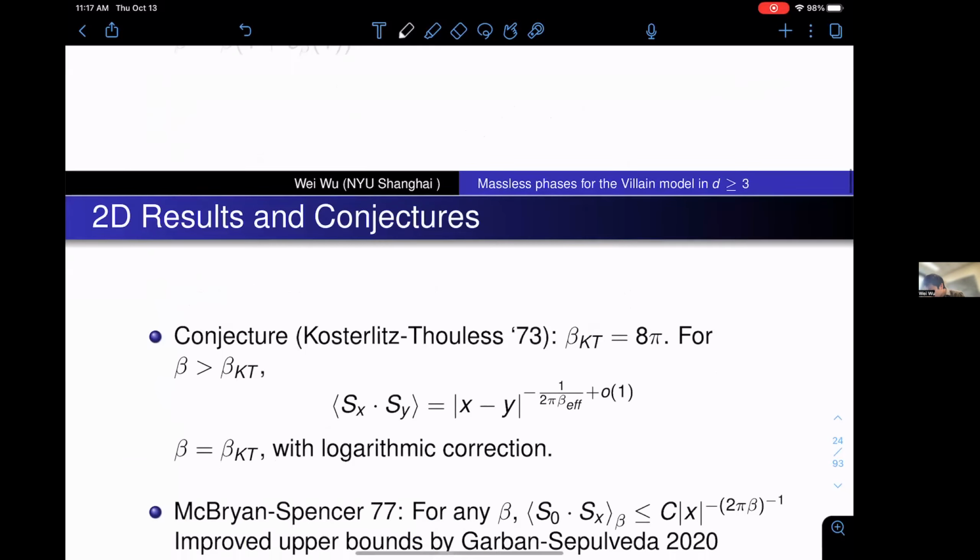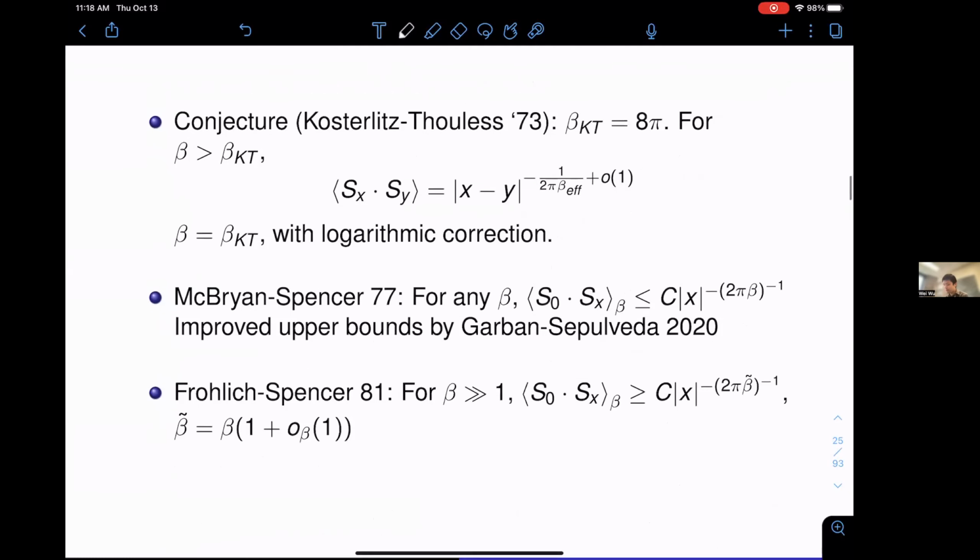Now there are existing works. First of all, back in the 70s and early 80s, there are works by McBride and Spencer who give the upper bound of the two-point function. And you see from here, this is the Gaussian upper bound, right? This is what you get from a Gaussian free field. They also get a lower bound at low temperature, which differs from the upper bound.